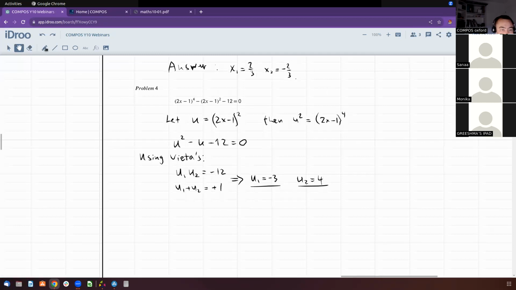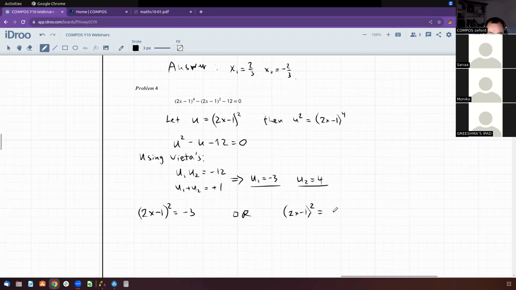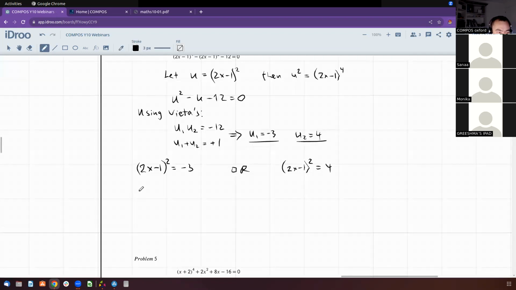So you found u, and that means that 2x minus 1 squared is equal to -3, or 2x minus 1 squared equals 4. Now, this one is not possible. So x belongs to an empty set.